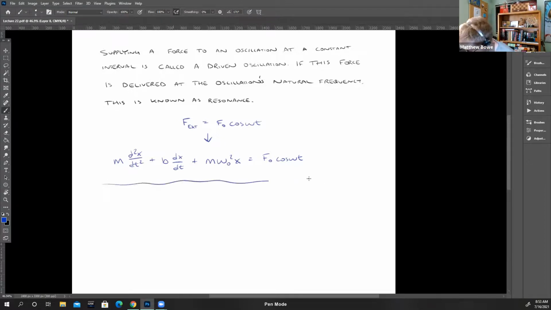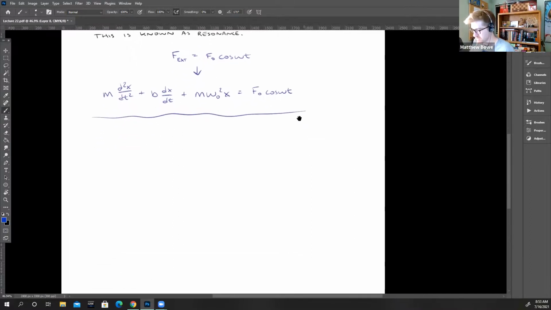If we want to find the position of something on a driven oscillator, position for a driven oscillator, that is just the amplitude, cosine omega t minus the phase constant.